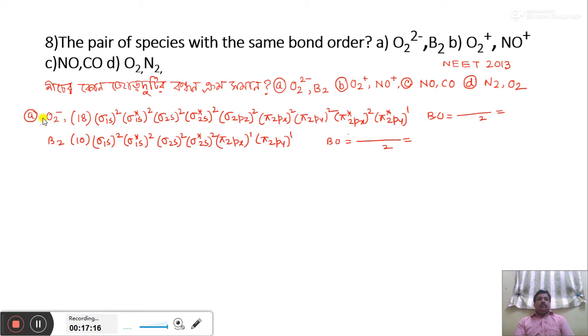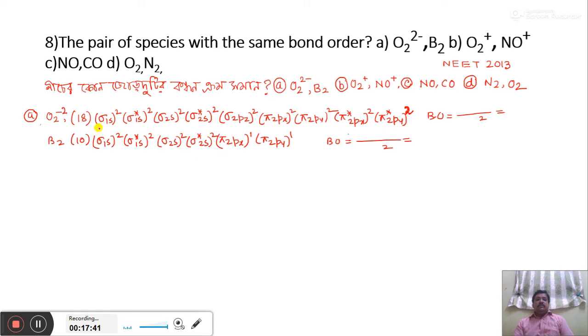In case of O2 2 minus, total electrons is 18, and its electronic configuration is sigma 1s2, sigma star 1s2, sigma 2s2, sigma star 2s2, sigma 2pz2, pi 2px2, pi 2py2, pi star 2px2, pi star 2py2.